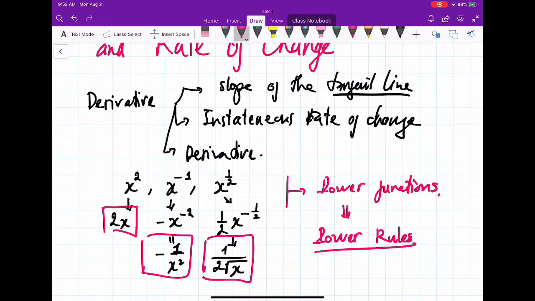I want to mention one thing: differentiation rules are very important, not only in Calculus 1, but in Calculus 2 and almost everywhere. If you go to Calculus 3 or something else, you need to find derivatives all the time. So please practice more and more and more, okay? That is the only way to master differentiation rules.